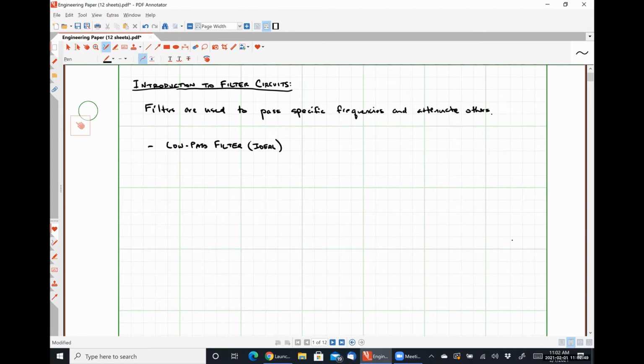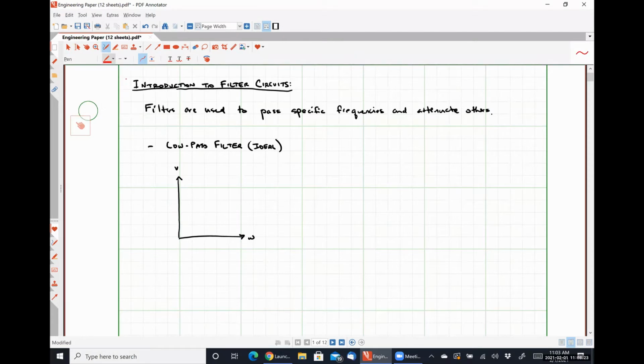All right, so with that in mind, the frequency response of a low pass filter should look something like this. This is our magnitude on the top axis, and this is frequency on the x-axis. Let's just say, for the sake of argument, we're dealing with a voltage signal.